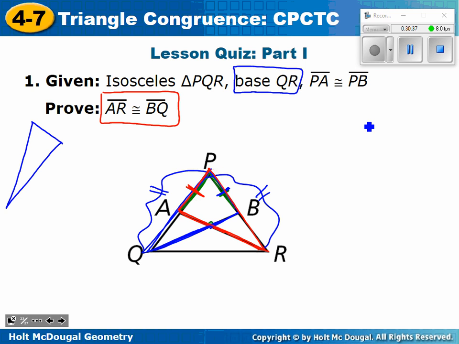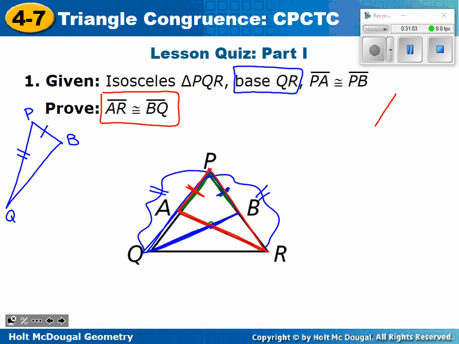So I've got this P, B, Q, and we had PB with 1 mark, and we had PQ with 2 marks. And our goal is to get this BQ side congruent to the AR side. Don't let me go too fast. Is this making sense so far? Okay, and then I'm going to come over here and draw this red triangle.